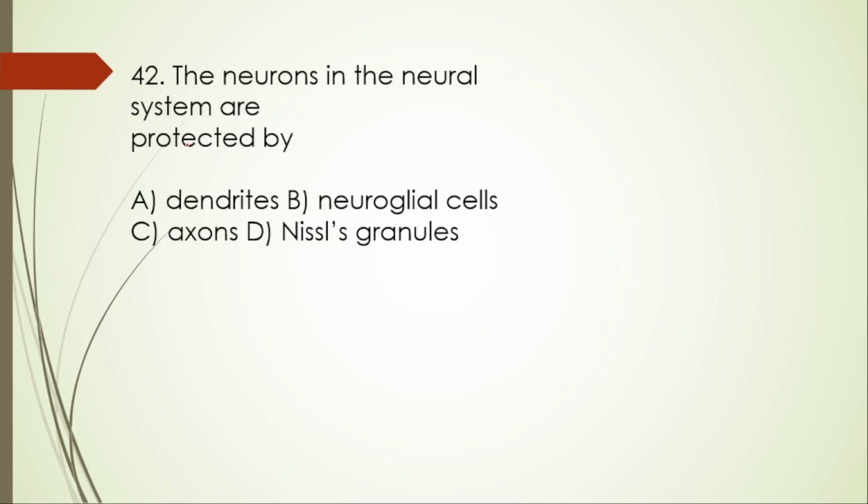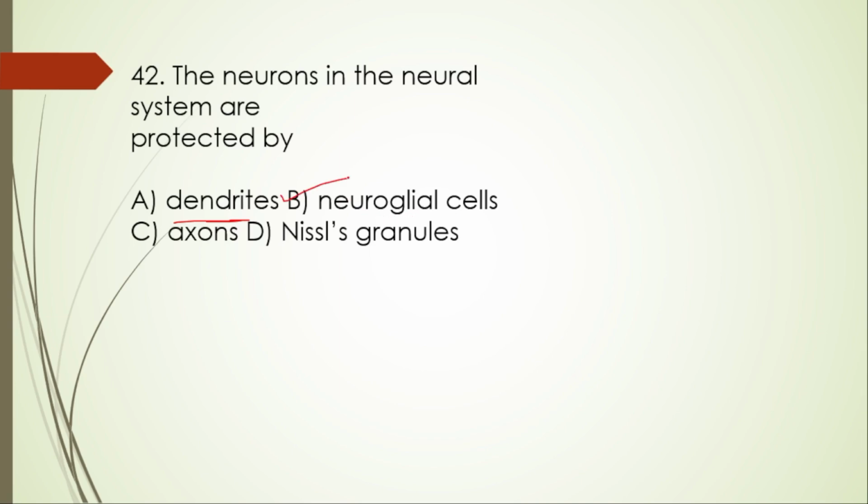Next, 42nd question. The neurons in the neural system are protected by... Dendrites. These are short extensions of the neurons that receive signals for the neurons, not for protection. Neuroglia cells, these are for the protection.